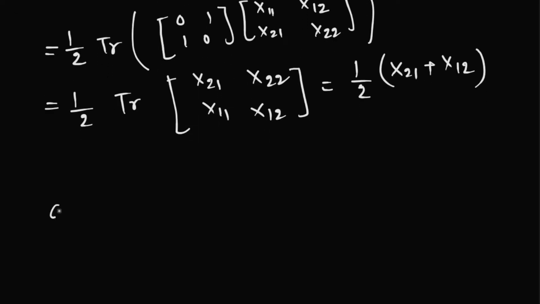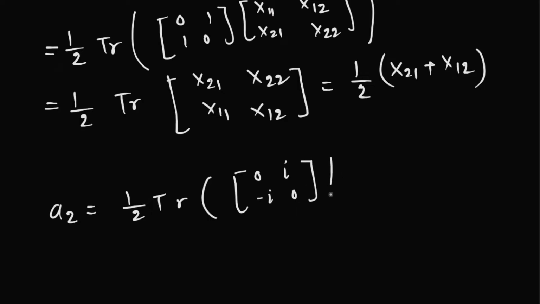Let us see what is the value of a2. That will be half of trace of sigma 2, which is 0 I, minus I 0, into x11 x12 x21 x22.